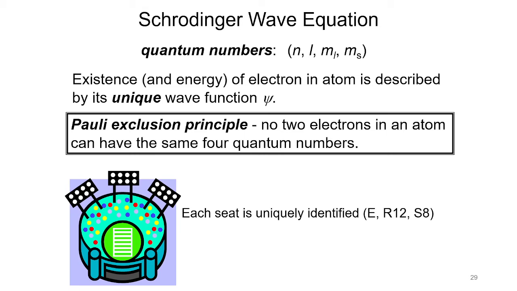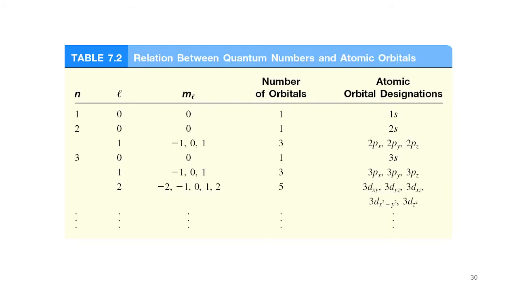Each seat can hold only one individual at a time, much like how electrons work. For each set of quantum numbers, there is only one electron. In that notion, we have here the table that contains the relation between the quantum numbers and the atomic orbitals.